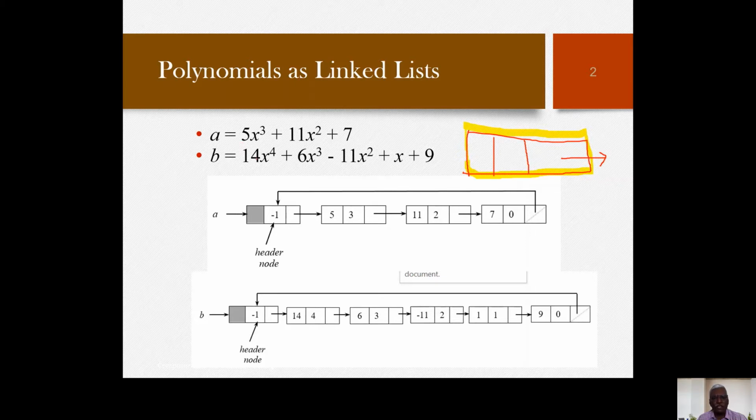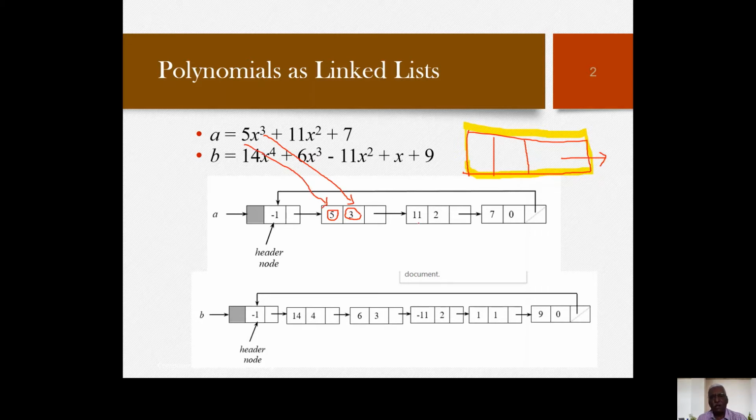It represents the coefficient. You can see here the first term of A, 5, which is the coefficient of the first term in A. The second info field is the exponent, that is 3. So 3 is your second info field. The first one is the coefficient.